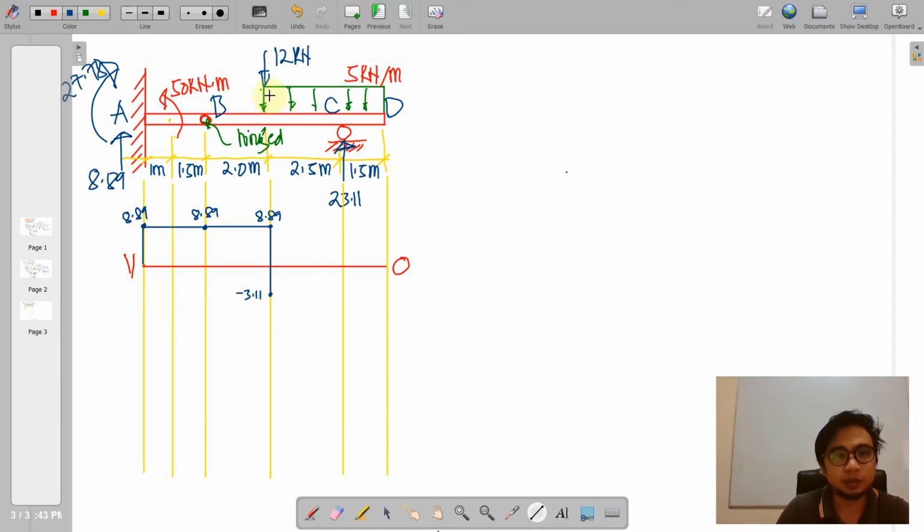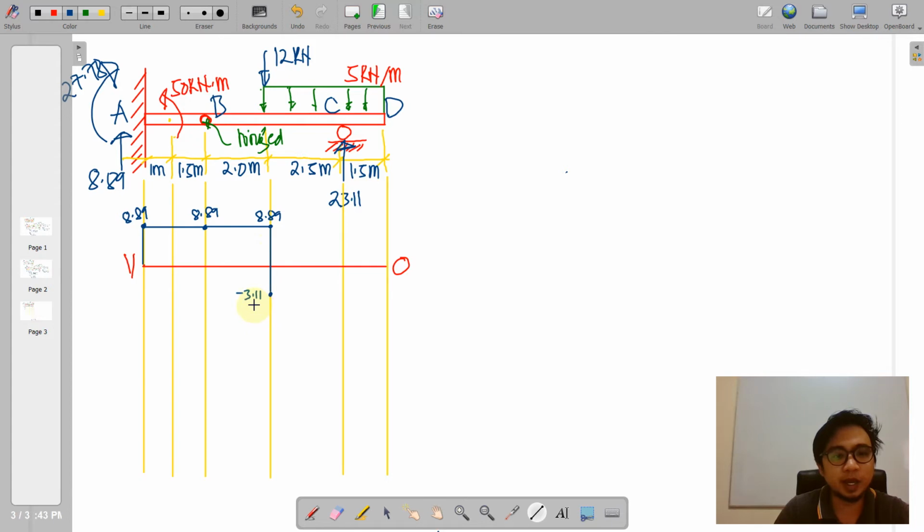And then we consider the area of the load diagram from this point up to point C, because point C has a pointed load. So remember that in shear diagram, we always stop or halt at a point where there is a pointed load, such as a concentrated load.